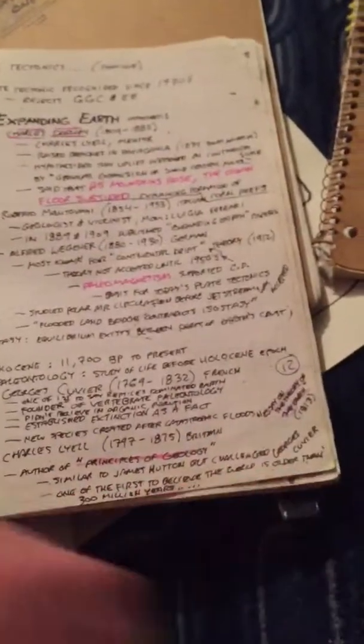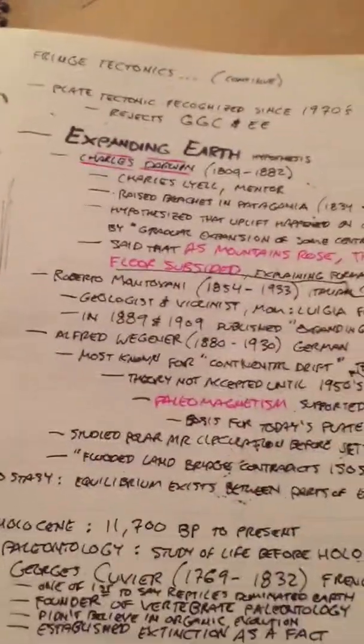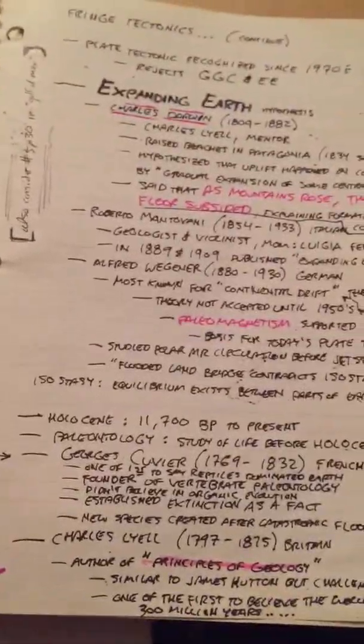I love fringe science because fringe science creates good stories, like the expanding Earth. This is good stuff for me. And I only got to the tip of the iceberg on it, but I think the Atlantis stuff is on this side.